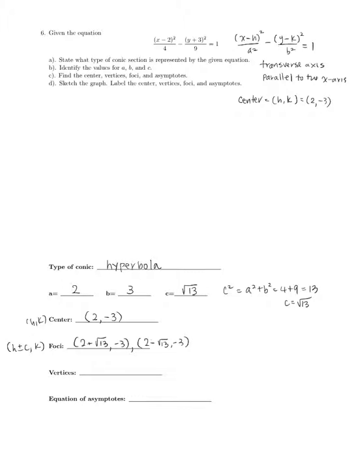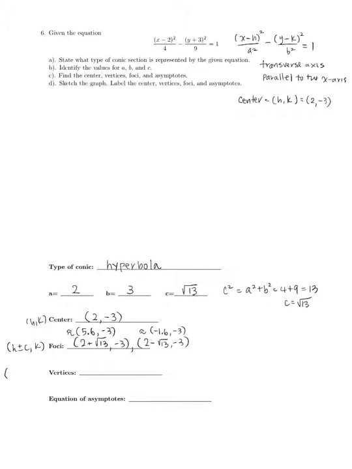For graphing purposes, typing it in the calculator, that's approximately (5.6, negative 3), and this one, 2 minus square root of 13, is around (negative 1.6, negative 3).